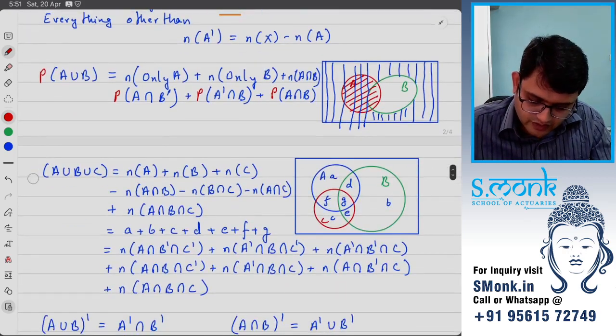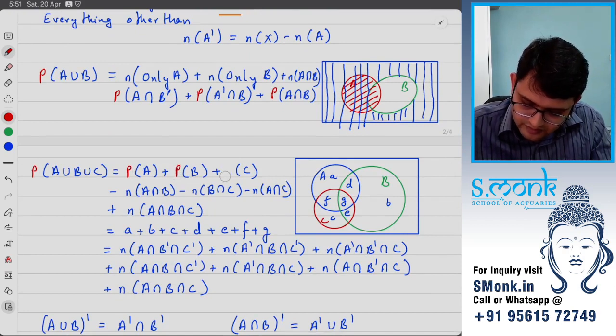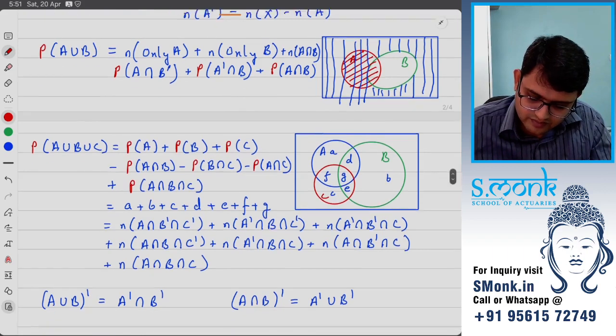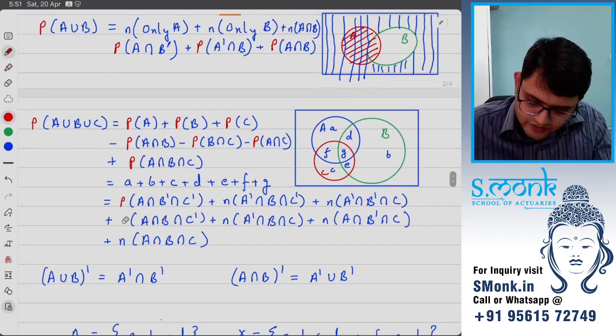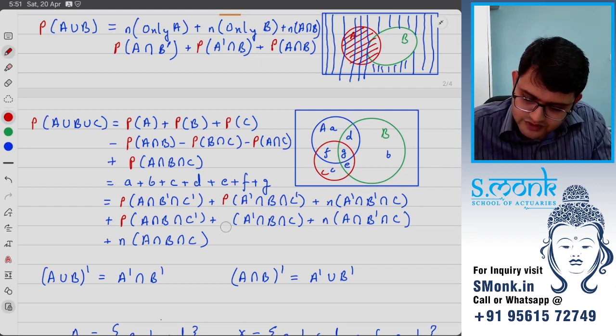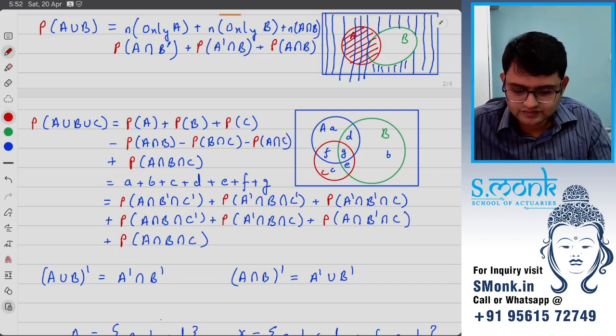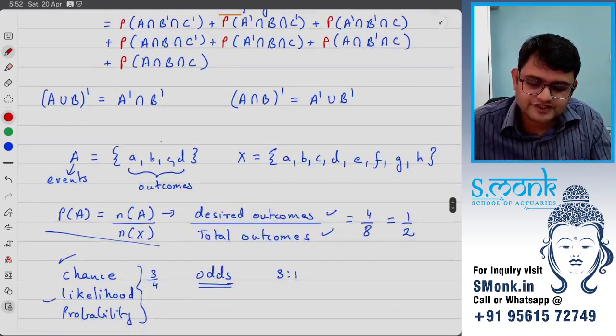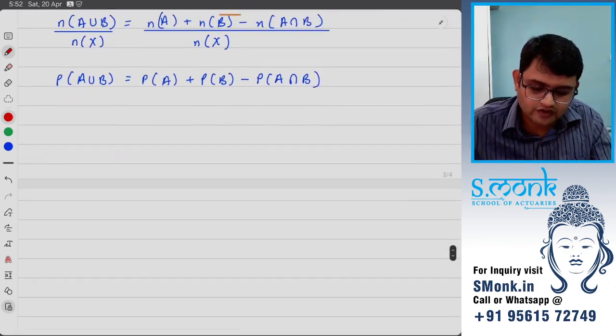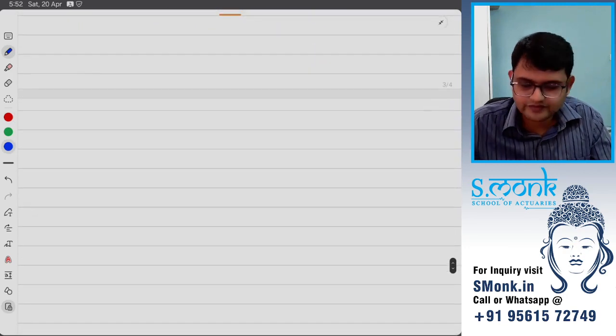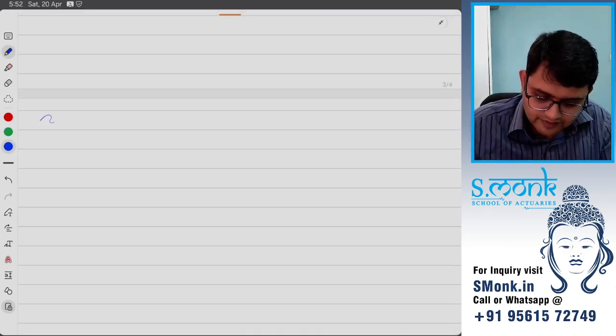Similarly here, instead of n, I have to write p. That becomes the formulas that we'll use for probability. So every formula of set can be converted into a formula of probability. That is why we talked about sets here. Let me give you an example.